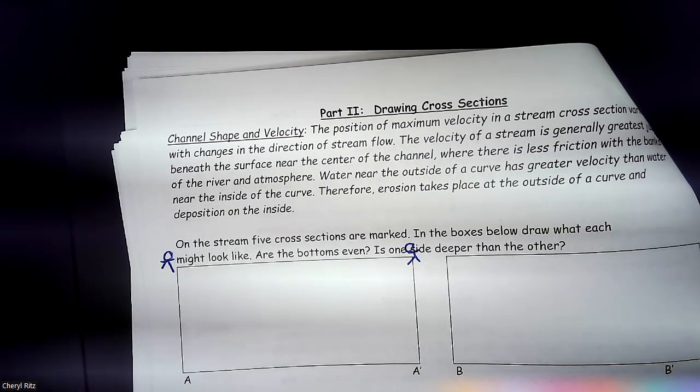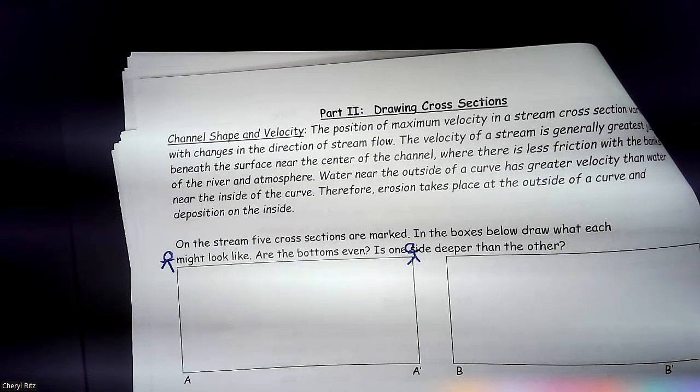That's the kicker. If the water is flowing from over this way, going from A to E, my question is, what do we know about the outside and the inside of the curve? The outside goes faster. So this is going faster on the outside.